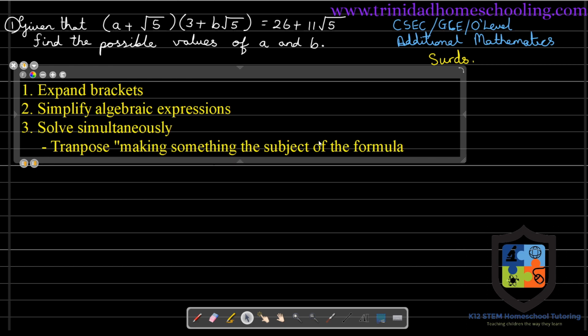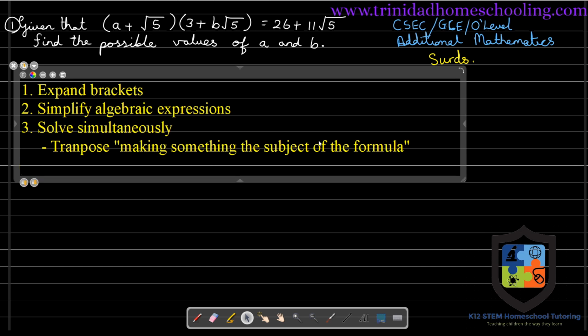You will also need to know how to solve quadratic equations. I'm going to use short form here. How to solve quadratic equations.